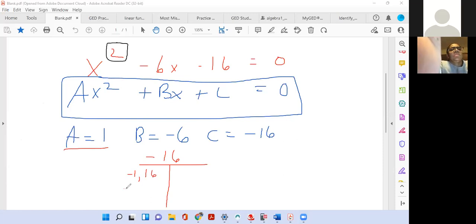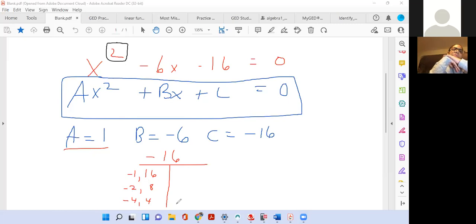Then 2 times 8. 3 does not go into 16. Does 4 go into 16? Yes, 4 times 4. 5, 6, 7 do not go into 16.